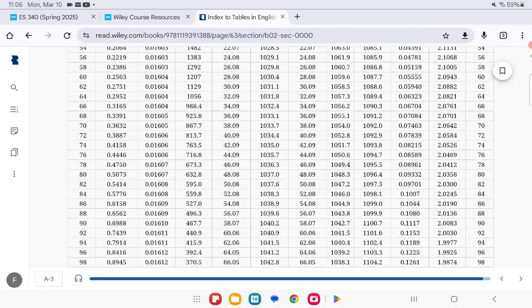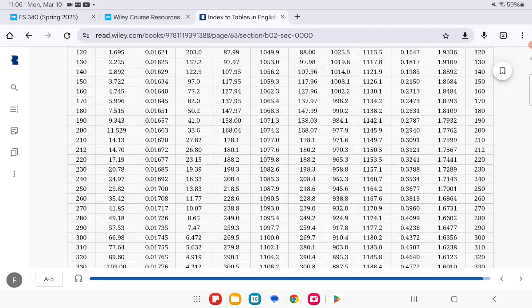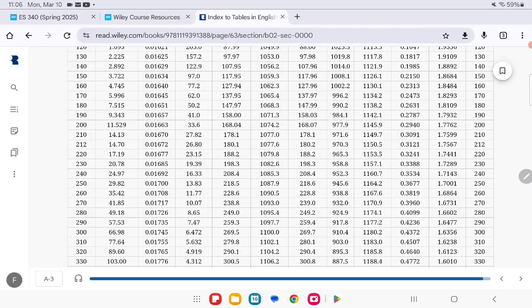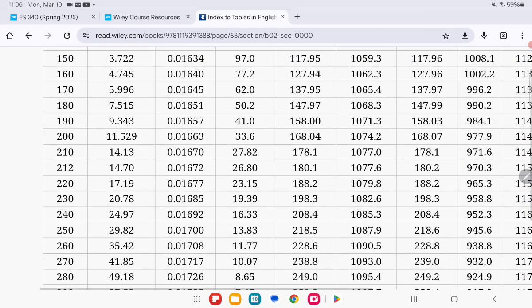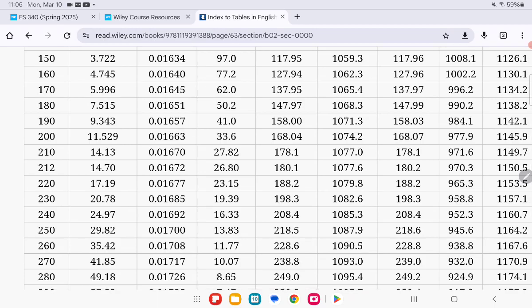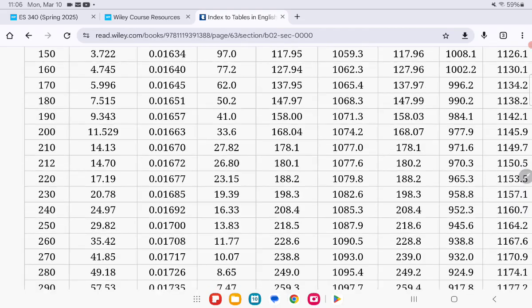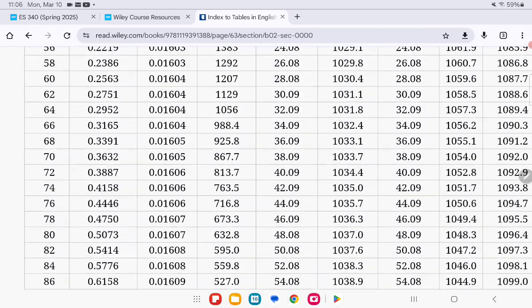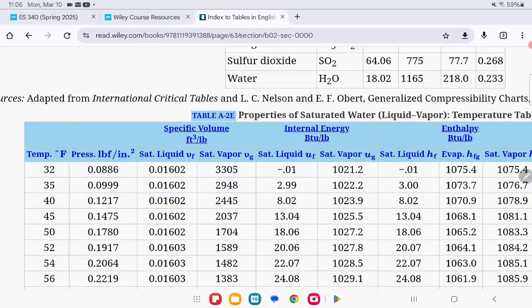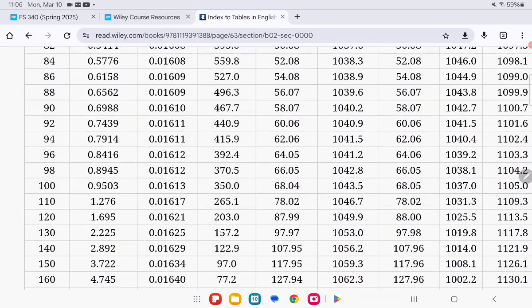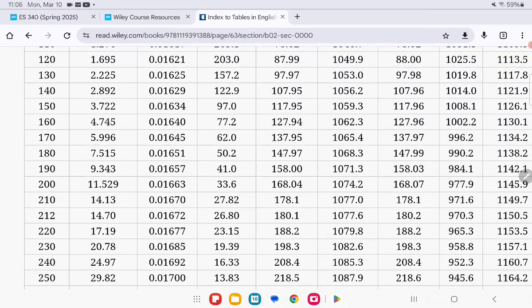Let's look at our pressure here. If we come down, notice that at 14.7, which is right here, the saturation temperature, these are saturation temperatures, is 212, and our temperature was 500 degrees Fahrenheit.